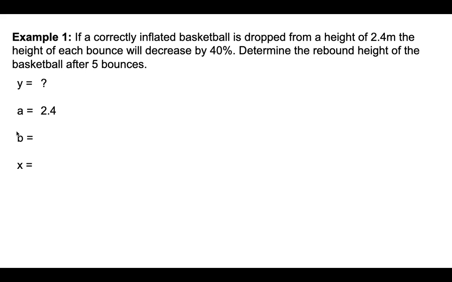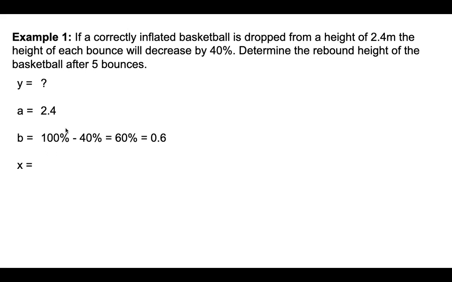B is our constant multiplier. So it tells us that each bounce will decrease by 40%. So that means, remember when we did growth, we did 100% plus the growth rate? Well, you can imagine because this is going down, we're going to do 100% minus the decay rate.